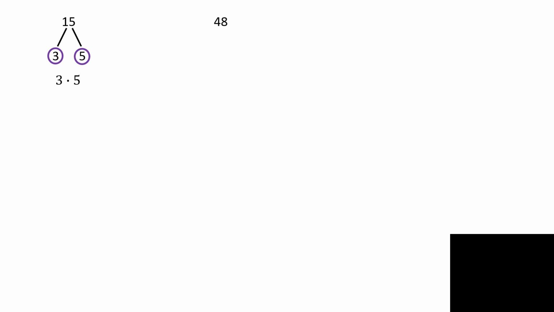48. Oh my goodness, we can have all sorts of different trees for this one. Right? What numbers do I want to start with? Well, maybe you're going to go organize and keep trying 2. Say, hey, 2 times 24. Circle the 2. How about 24? 2 times 12.